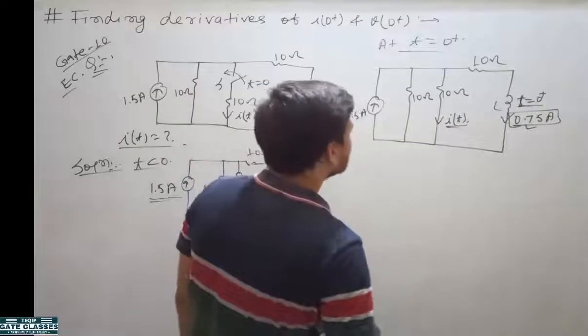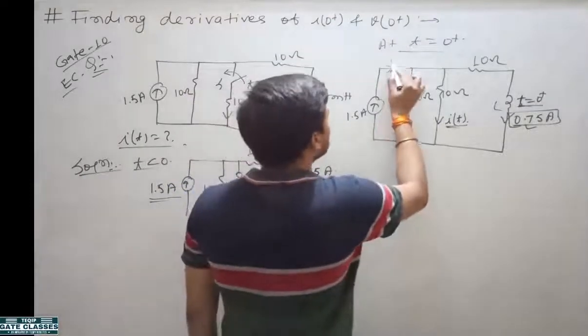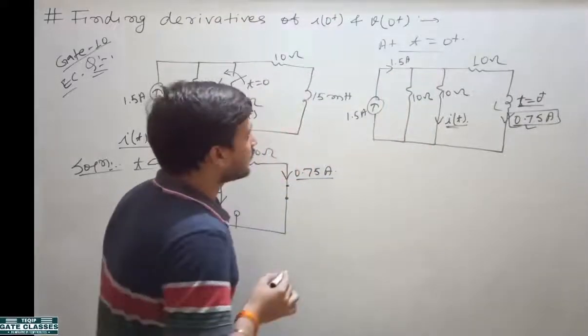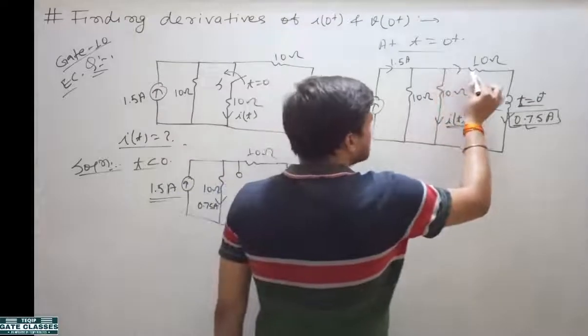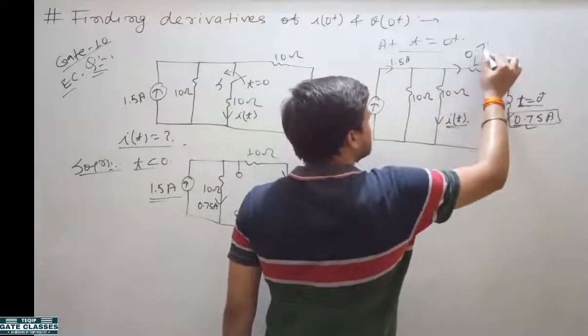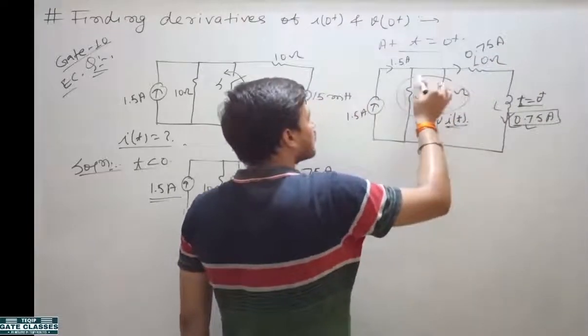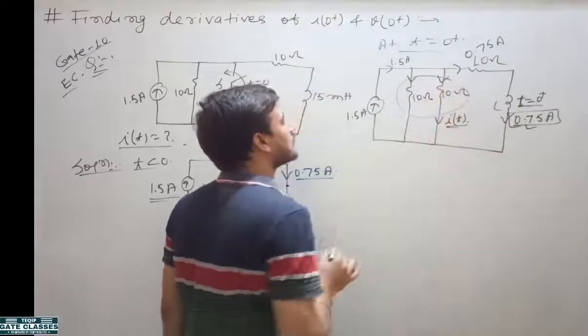Now what will happen? Here 1.5 ampere is coming out from this branch. And you know this current is fixed. It is 0.75 ampere. So you will see remaining 0.75 ampere of current will be divided into these two branches.